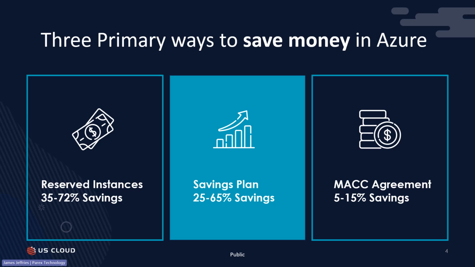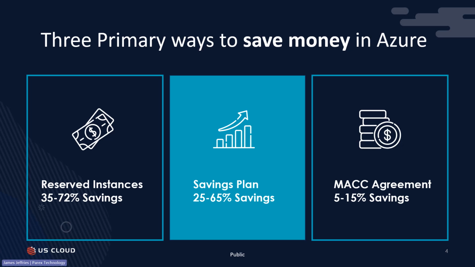As you can see, I've outlined some high-level percentage opportunities for savings within each one of these. It's important to note, and I'm going to cover this later as we talk about the MAC agreement, none of these three can overlap each other.